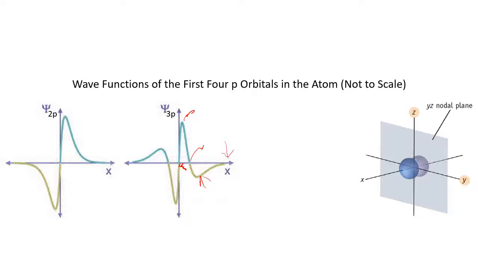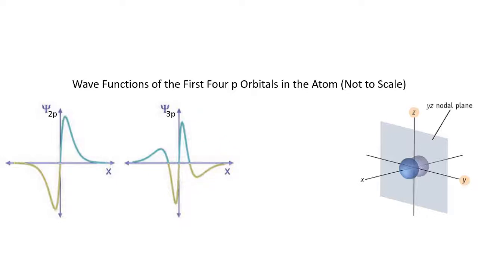So in the 2p case, I see only one crossing of the x-axis by the wave function right here at the origin. With the 3p orbital, I see a crossing at the nucleus, I see another crossing here, and I see another crossing there. So there's more swings from positive to negative in the 3p wave function than there is in the 2p wave function.